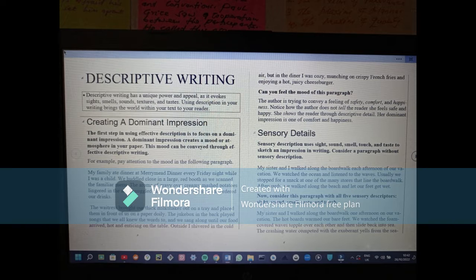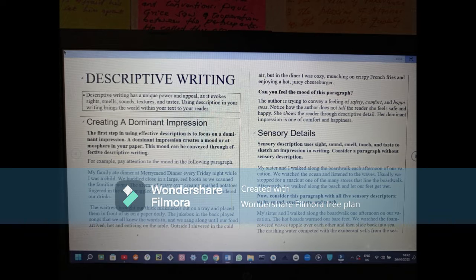Now, what do we do when we are doing descriptive writing? First and foremost, you as the writer create a dominant impression. The first step in using effective description is to focus on a dominant impression. Why?